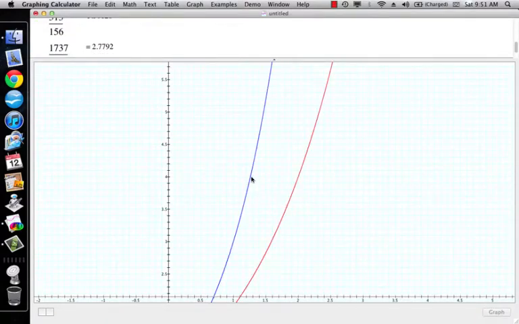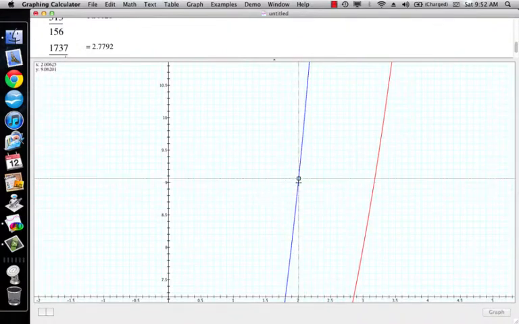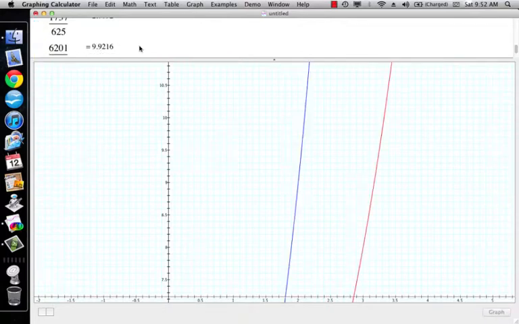And one more just to humor me. We're at the point 2, 9, and we go just a little bit, and we get 6201 divided by 625. And I get 9.9.